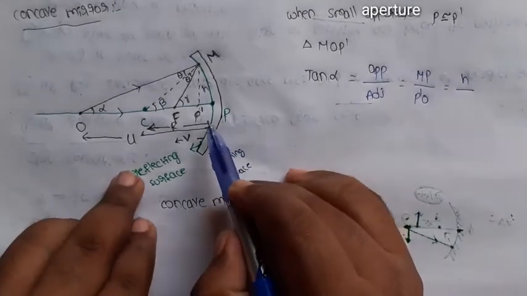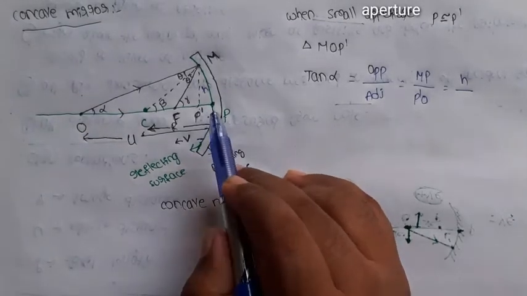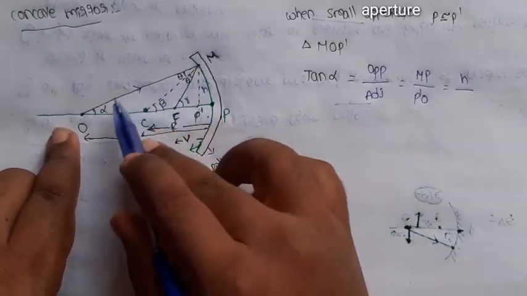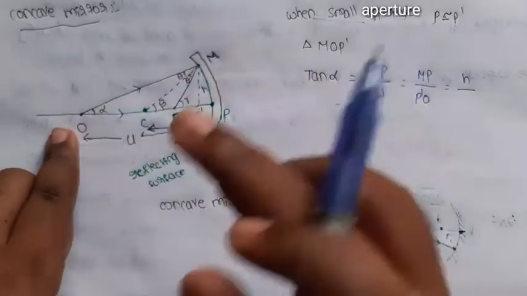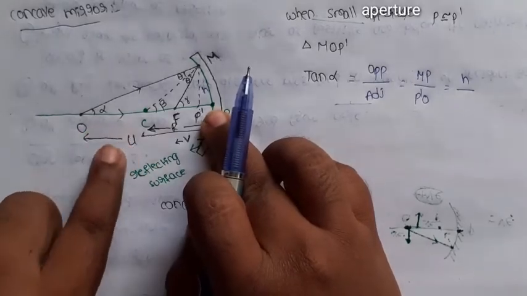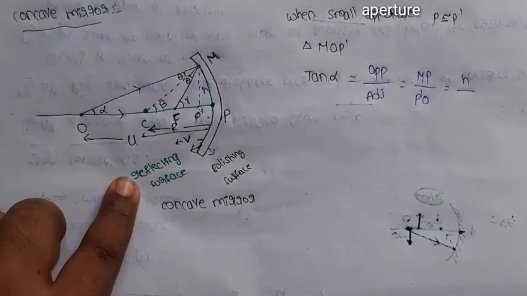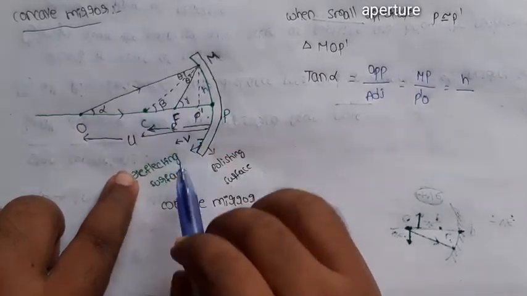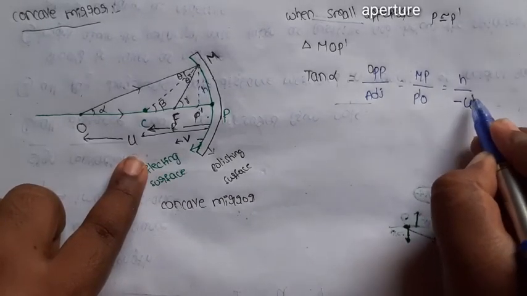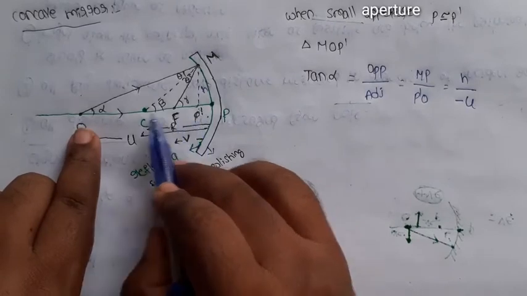Observe carefully: we are measuring the distance from P dash to O, which is opposite to the incident ray.